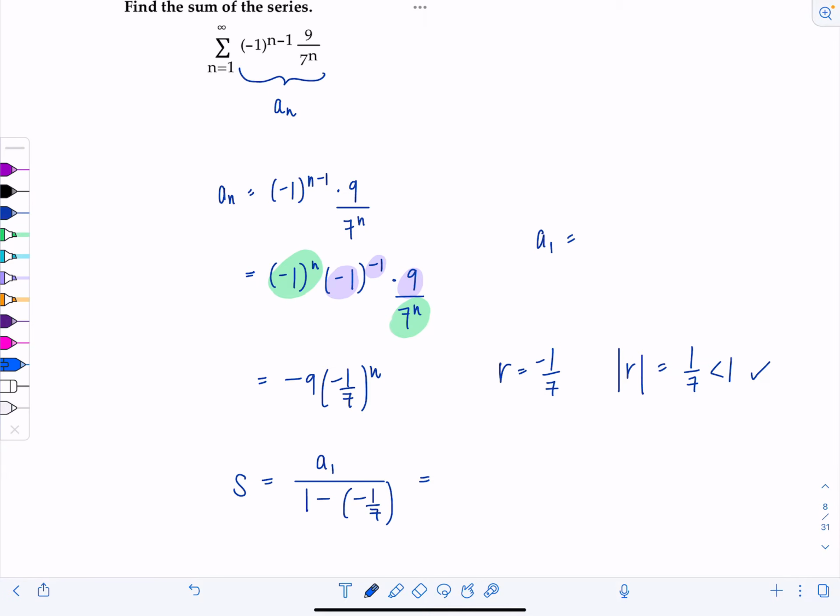I'm just going to plug in 1 for n here. It's going to be negative 9 times negative 1/7 to the first. So that's just 9 over 7. So we've got 9 over 7 over 1 plus 1 over 7. That's 7 over 7 plus 1 over 7, so that's 8 over 7. And then the 7's cancel out, and this is just 9/8.